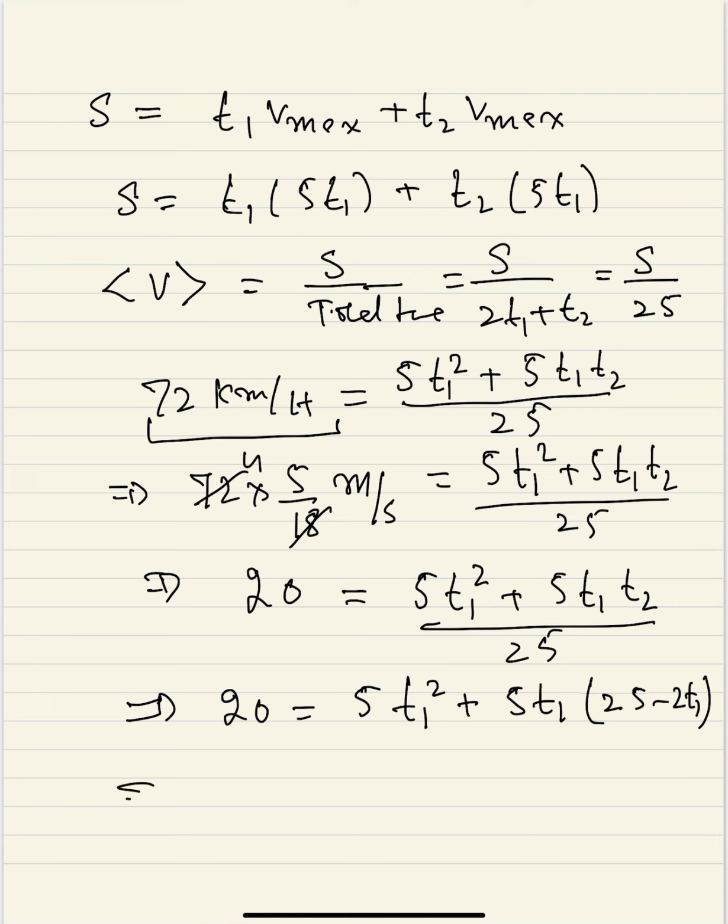Okay, that is 20 is equal to, divided by 25. Okay, that is 5T1 square plus, okay, we'll do one thing here.